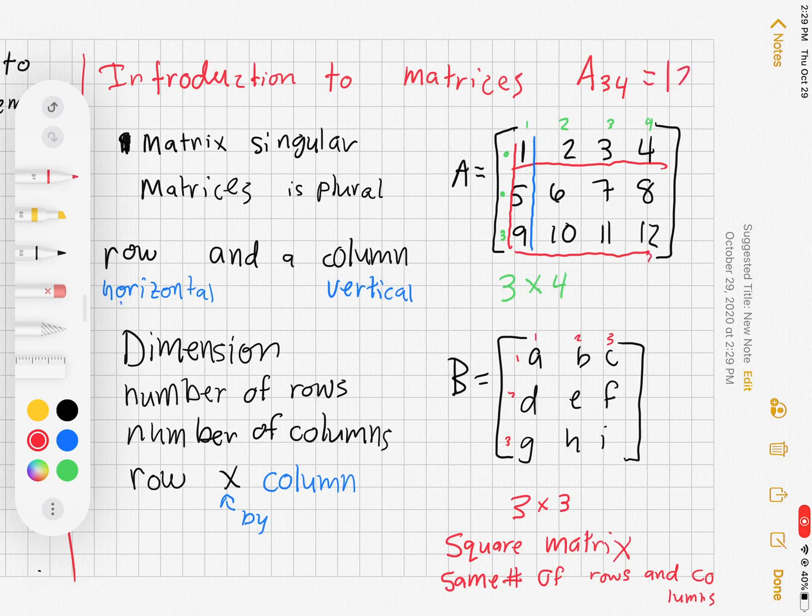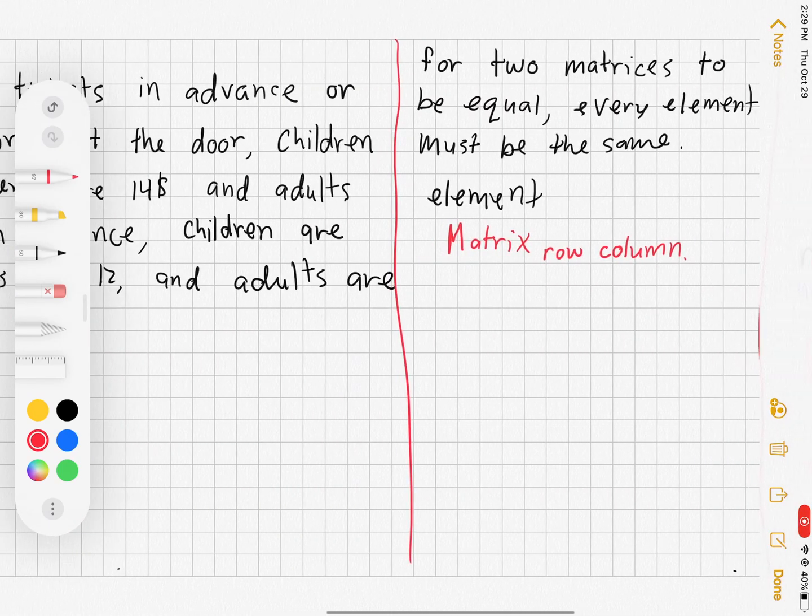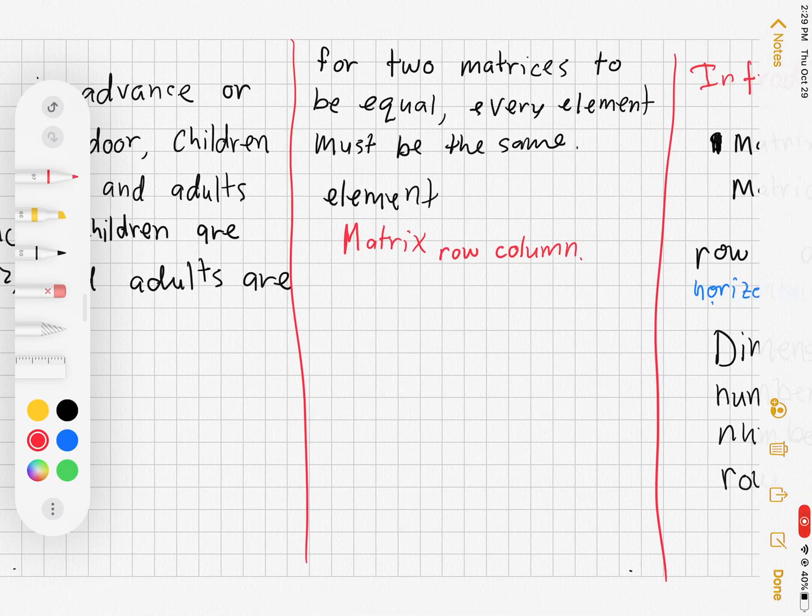That will be 12. Take a second, see if you can figure out what B 2,3 would be. Well, you'd go down to the second row and over to the third column, so it would be F. So that's how you describe an element. It's just the individual things inside of the matrix.